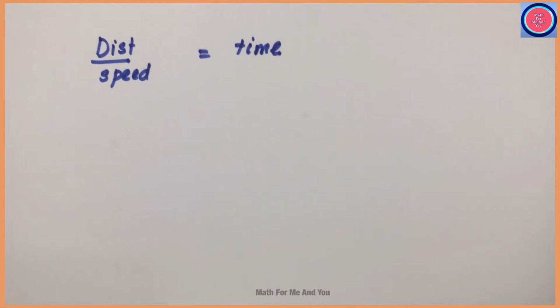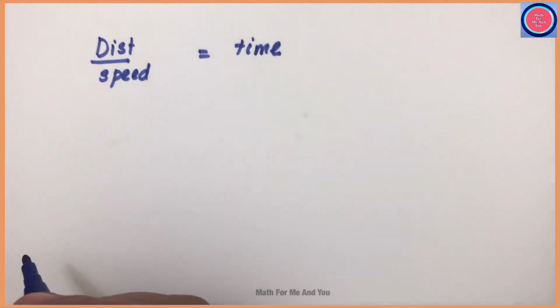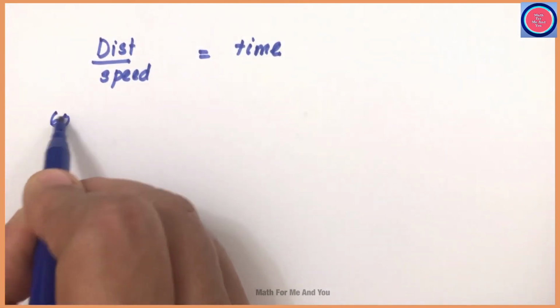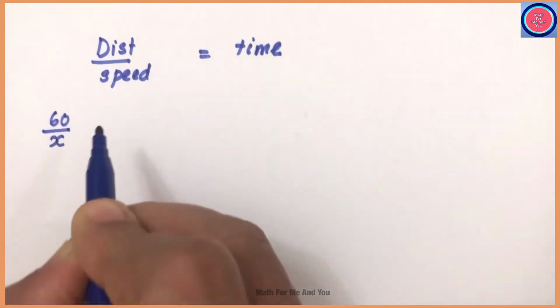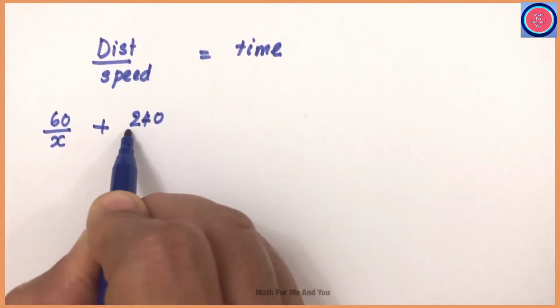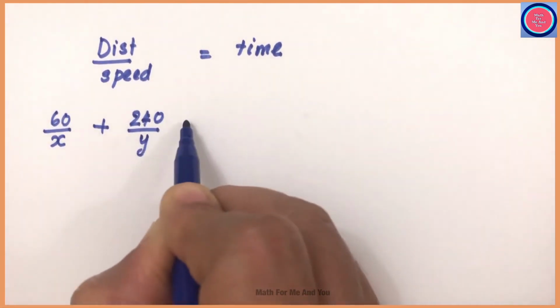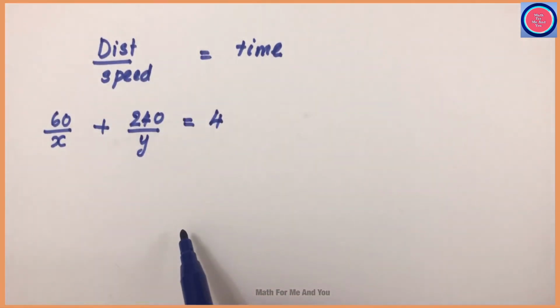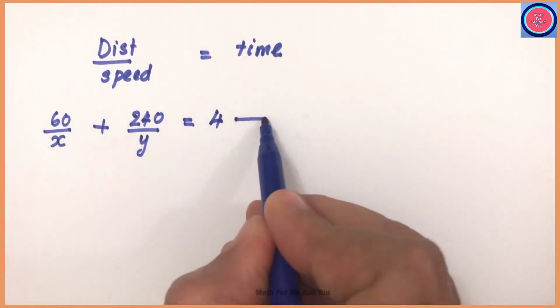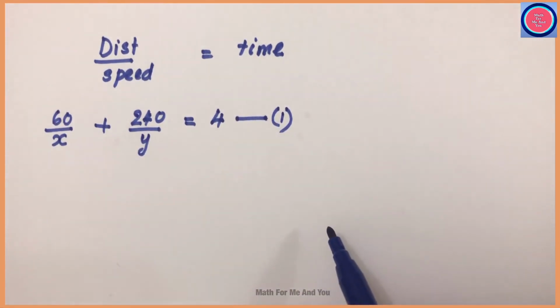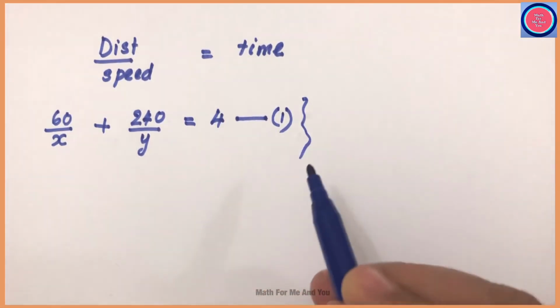We know the formula connecting distance, speed and time, that is distance by speed is equal to time. We can use this. So we get 60 km with the speed of x, that means 60 by x, plus 240 with the speed of y, that means 240 by y, is equal to total time taken, 4 hours. So 60 km by train and 240 km by bus. So here we get an equation and we could mark it as equation number 1.